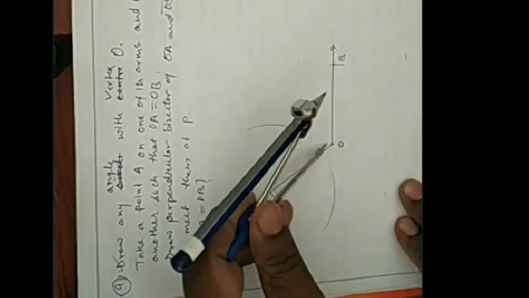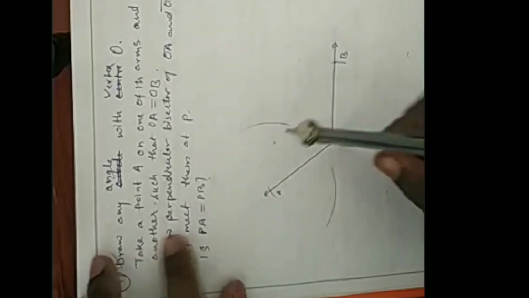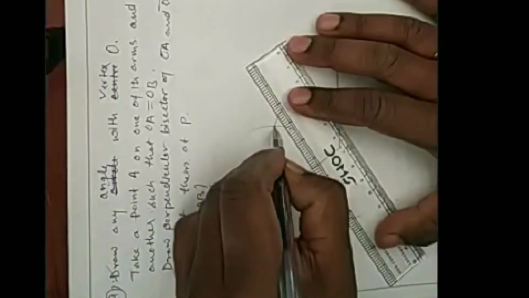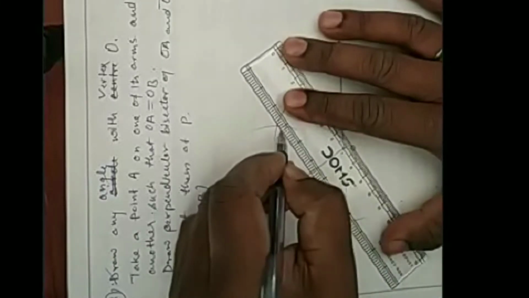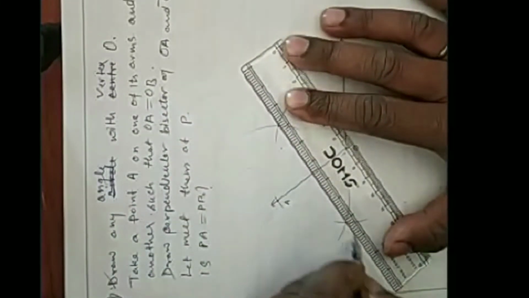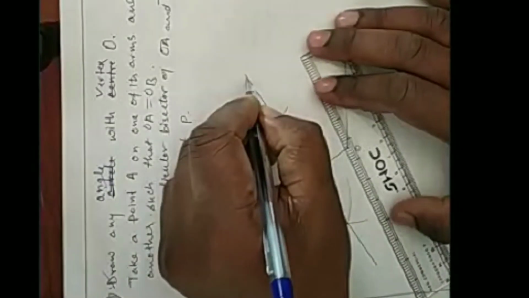Then place the compass at the second point O, upside and downside. Clear? This is the perpendicular bisector of OA. First point, and this is the second point. Okay, draw the line like this.